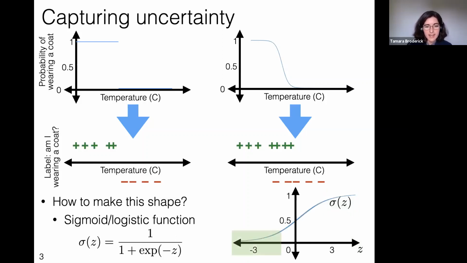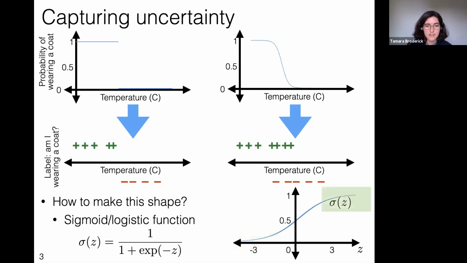In particular, as z gets very, very low, very negative, we notice that negative z gets really big. So the exponential function of negative z gets really big, and so the denominator gets really big. We're taking 1 over a really big number, that's going to be like 0.